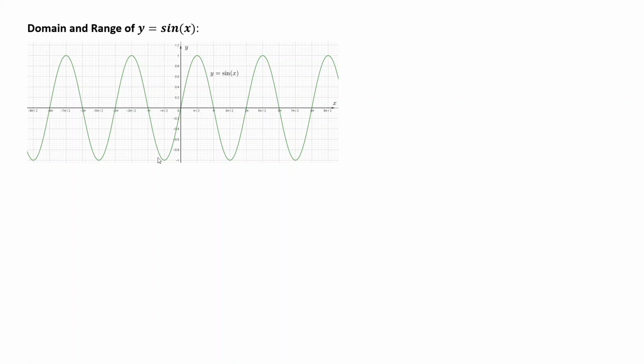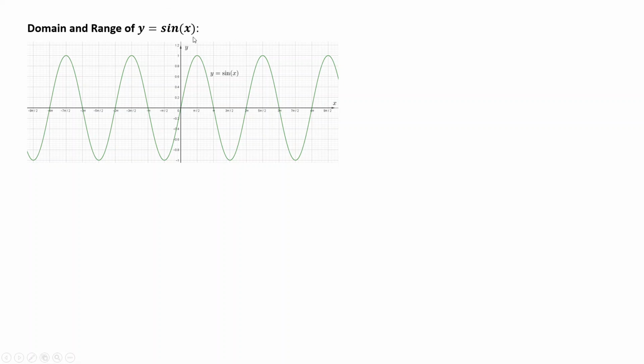What in the world is domain? Domain, please pay attention. Domain is the set of all values for which you can evaluate the function. It is the set of x values for which the function is actually defined.